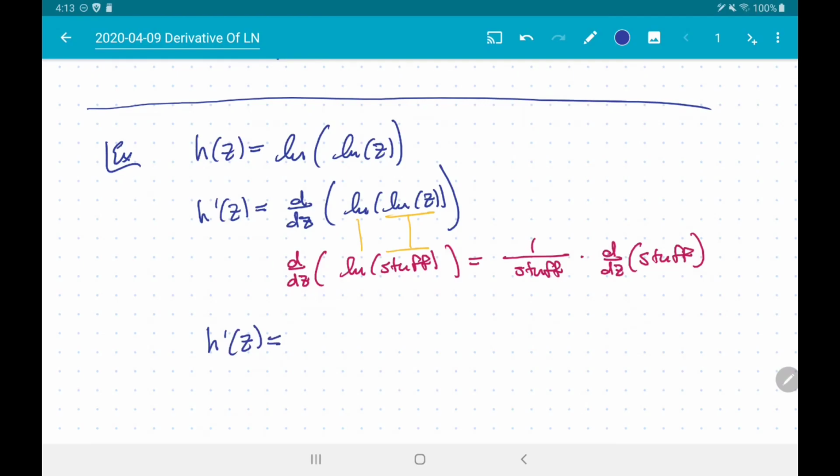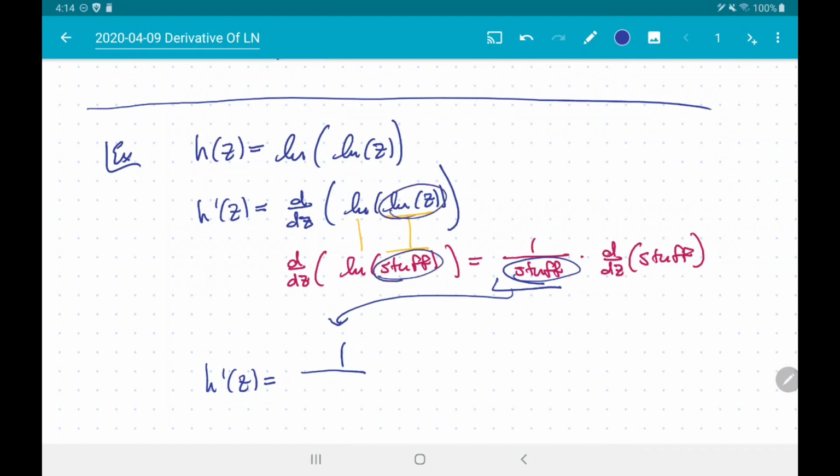So the first step is, I need some more room here, h prime of z equals, I need 1 over the stuff, and the stuff is that ln of z on the inside. The first ln has turned into a reciprocal.